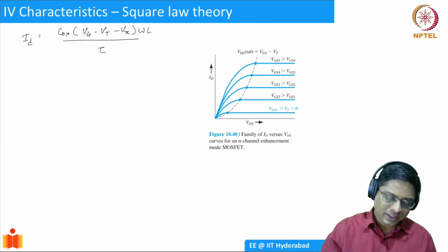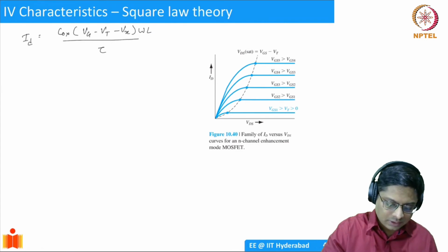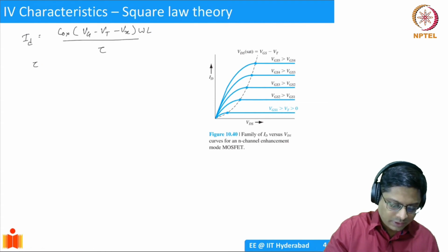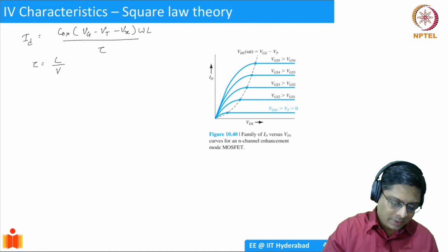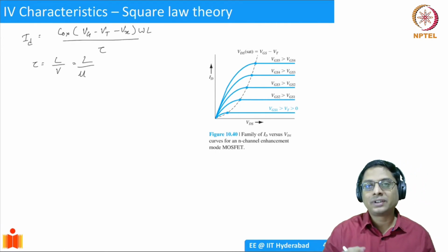And what is that equal to? Well, we have seen that tau equals L by V, and this is going to be equal to L by mu times E. But now the electric field is not a fixed number.